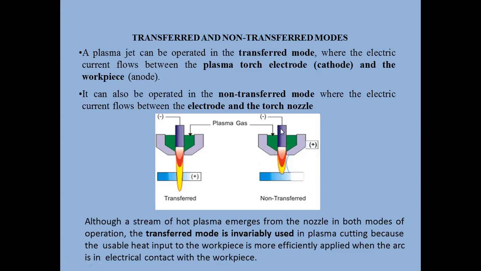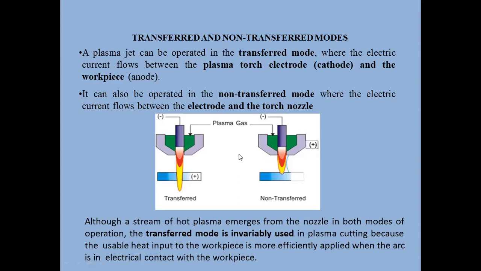Based on that, we have 2 types of modes: transfer mode and non-transfer mode. In transferred mode, we have the workpiece as anode, and in the non-transferred mode, we have the plasma jet torch nozzle as positive.